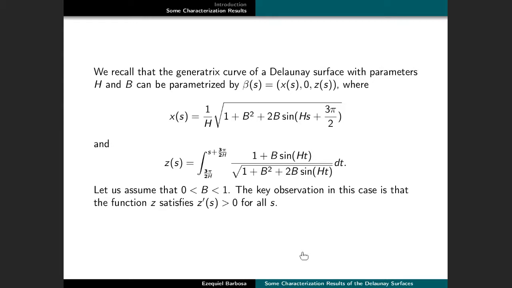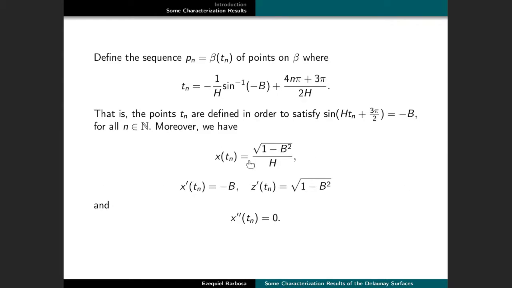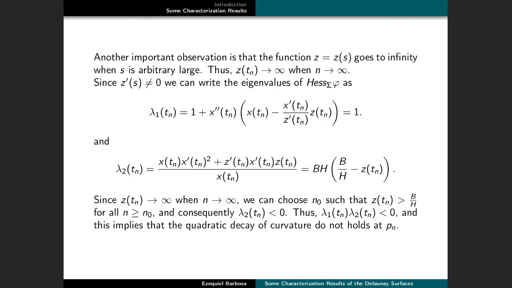The function z is an increasing function. And now we choose some special points in this surface in order to make the function z go to plus infinity.